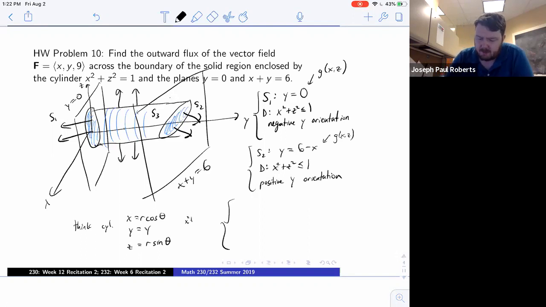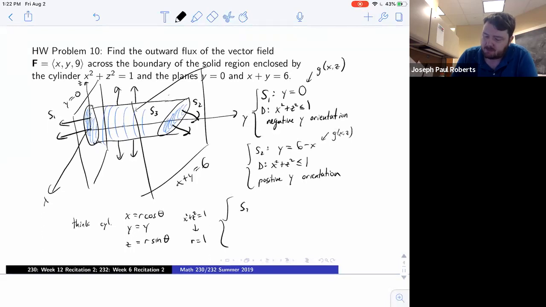And then realize that x squared plus z squared equals 1 corresponds to r equals 1, so that our parameterization for S3, we can use y and theta as our parameters. And since this cylinder has radius 1, x and z are cosine theta, sine theta, and then y is just y. So this, yeah, definitely the trickiest of these three pieces.